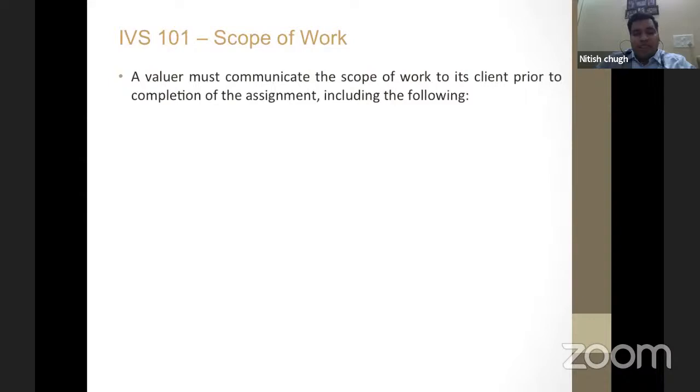In my first session, on the inaugural day of these preparatory classes, I had just given a brief about the standards that have been issued by the ICAI RVO as well. The members of ICAI RVO cannot use the international valuation standard.